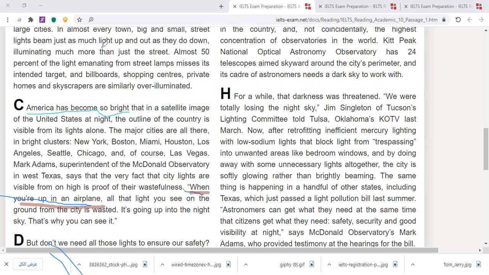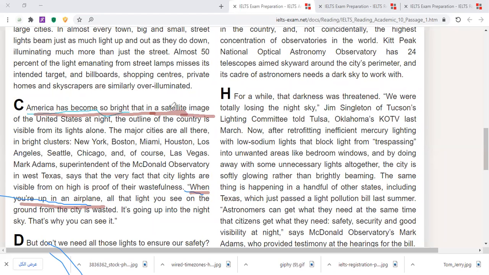America has become so bright. Can you continue? We will find a clearer idea when he completed by saying America has become so bright that in what? Can someone read this word? Satellite image.